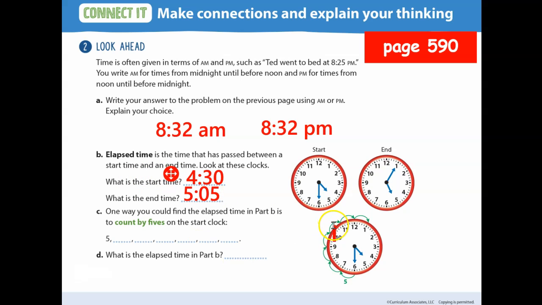Okay. One way you can find the elapsed time in part B is by counting by fives on the start clock. So it went from the 6 all the way down to the 1, right? Well, let's count by fives then. Ready? 5, 10, keep going. 15, 20, 25, 30, 35.